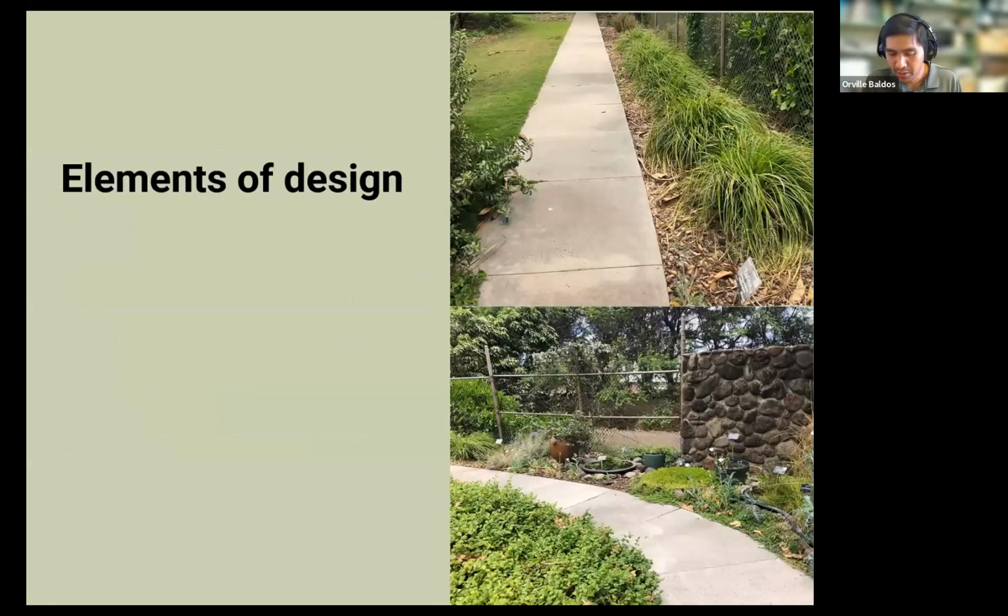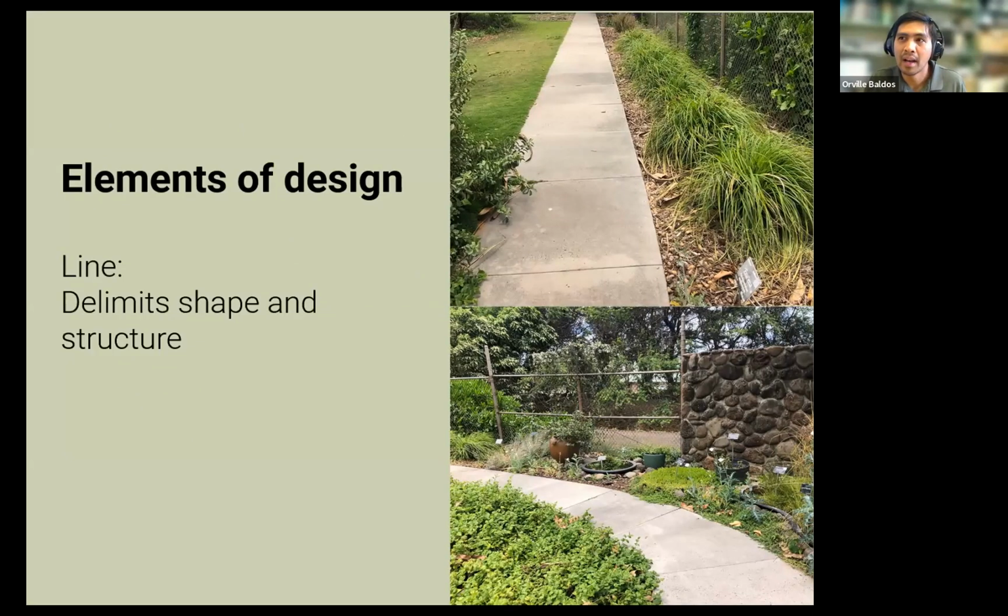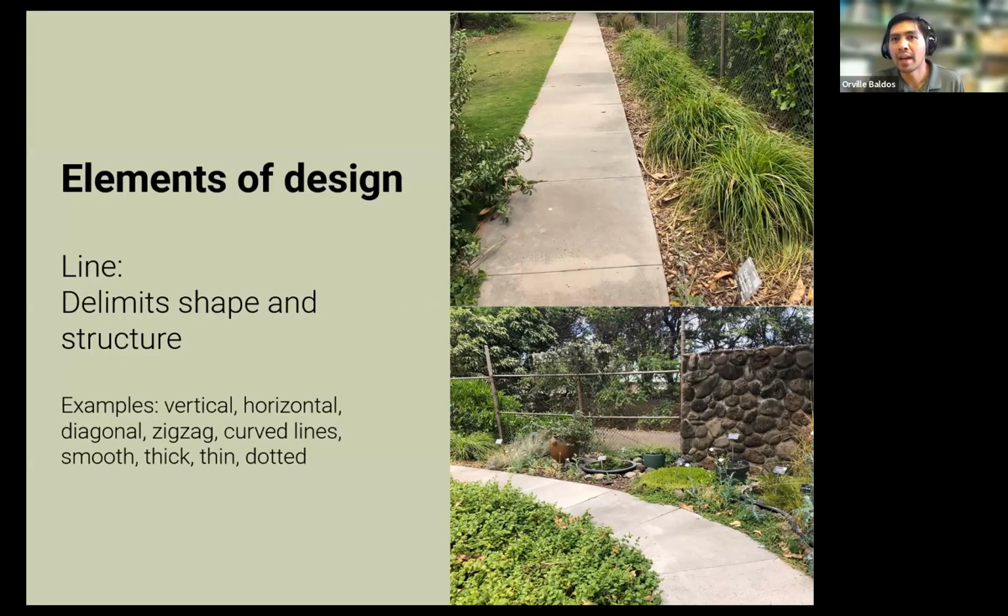So after color, you have line. Line is defined as delimiting the shape or the structure. Different types of lines include vertical lines, horizontal lines, diagonal, zigzag. These lines will dictate whether a design can be formal or more leisurely.